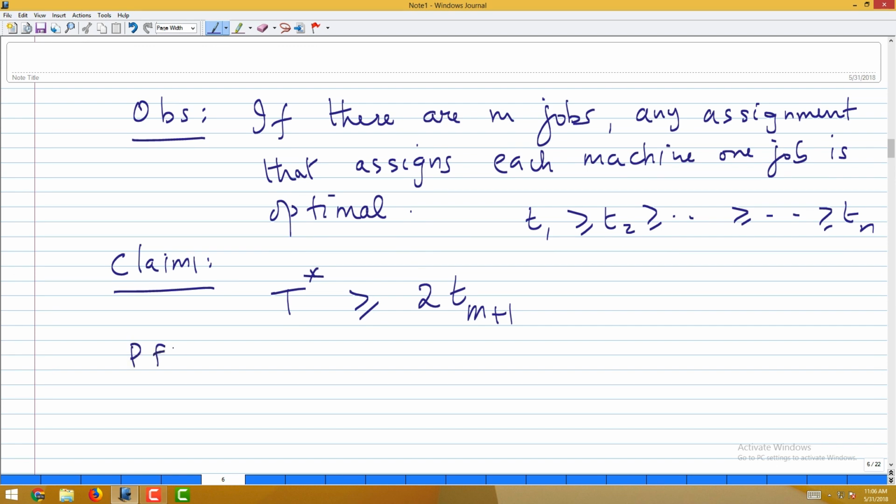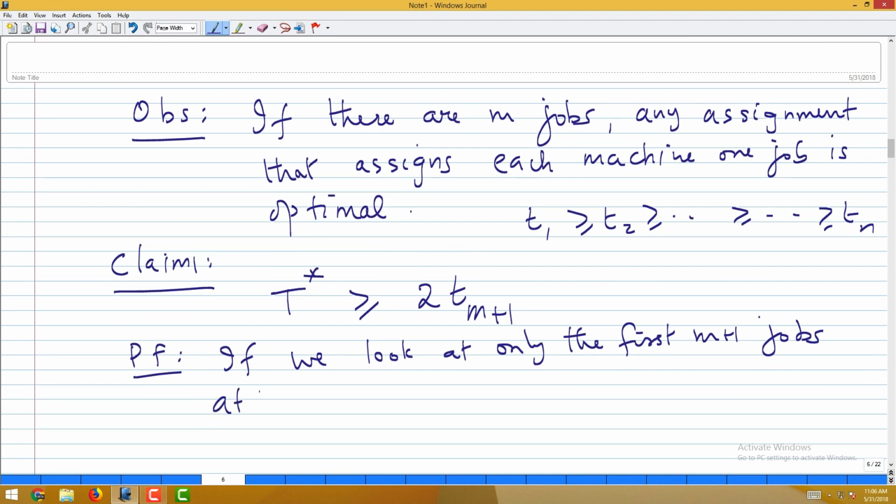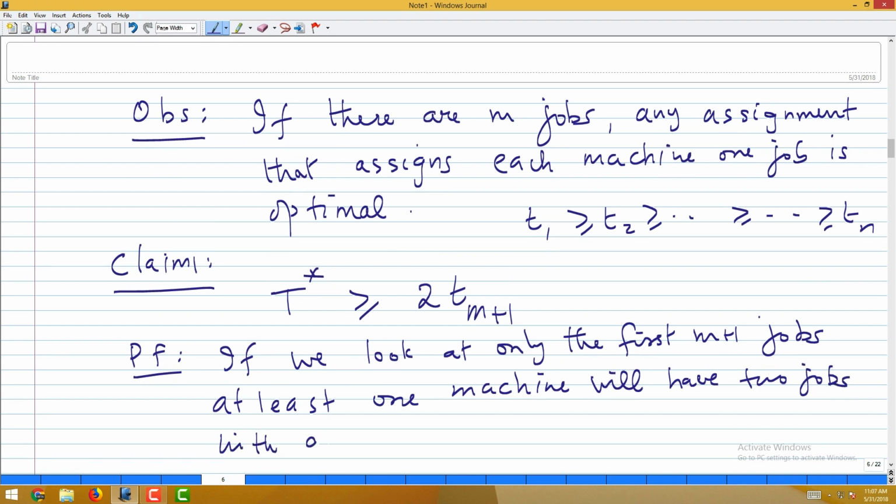So, the proof is, if you look at only the first m plus 1 jobs, at least one machine will have two jobs with a makespan of... this is in any assignment, because we are not talking about one particular greedy or anything.